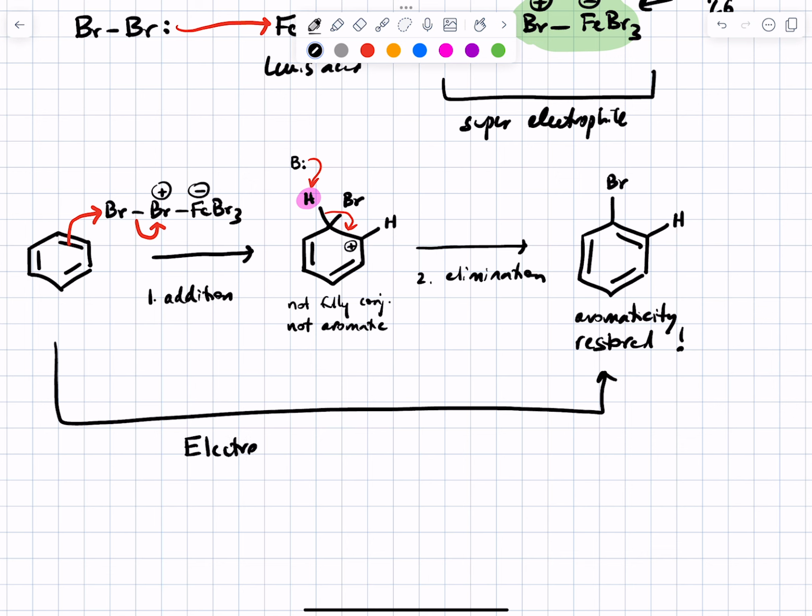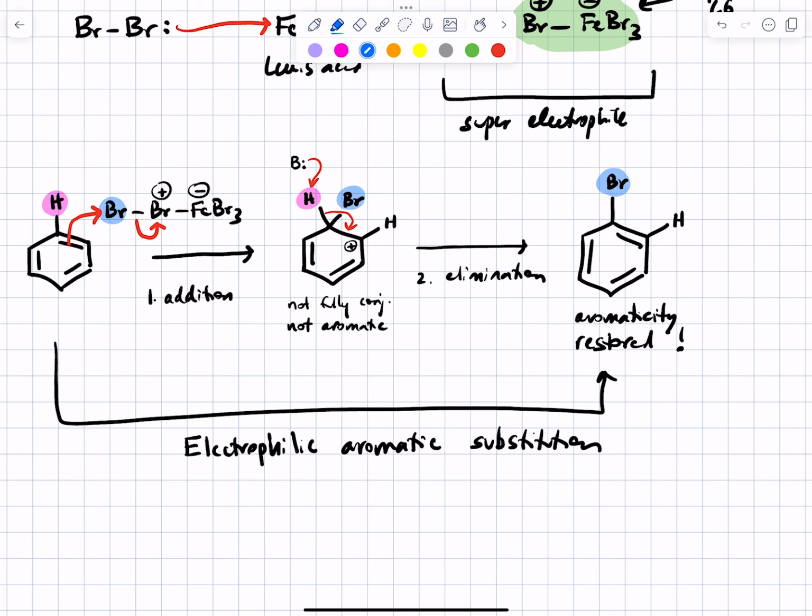We call it electrophilic, meaning you need a good electrophile. Aromatic, meaning your starting material is aromatic. Substitution, we call it substitution because we're replacing, in the starting material, the hydrogen with the bromine from our electrophile.